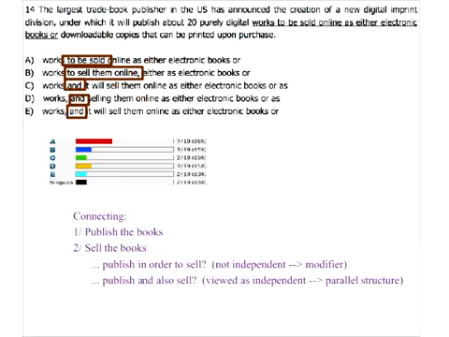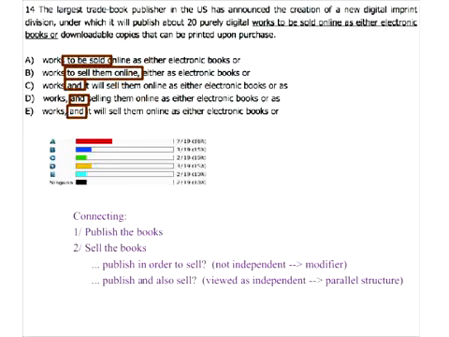So, does anybody have any insight into this? Because if there were no other context clues, then you could actually make a legitimate case for either of those. Like if there were no context clues, you could definitely say that they were publishing the books in order to sell them.